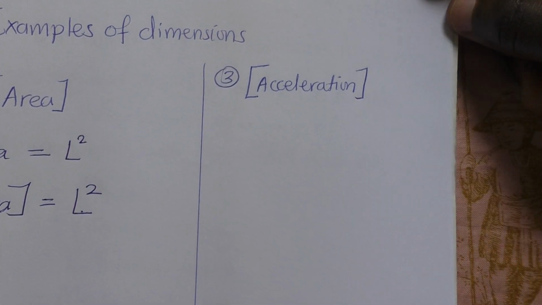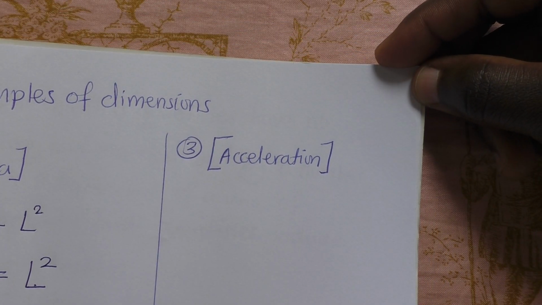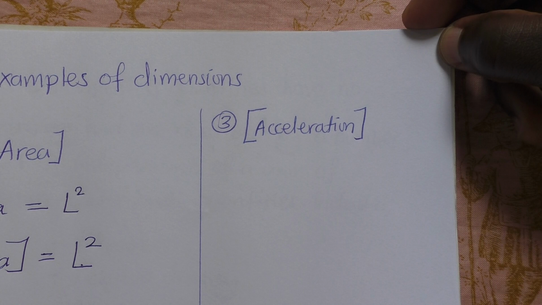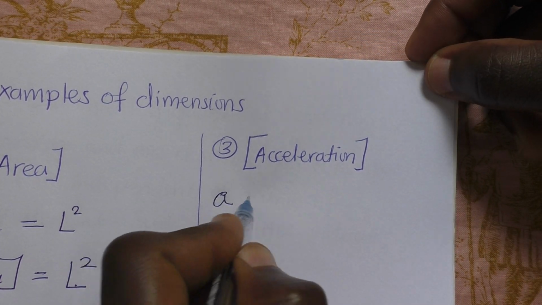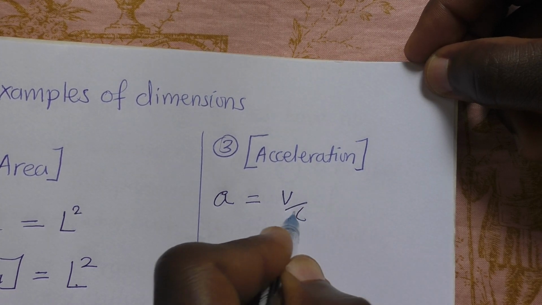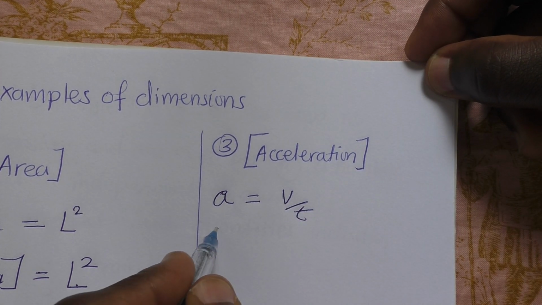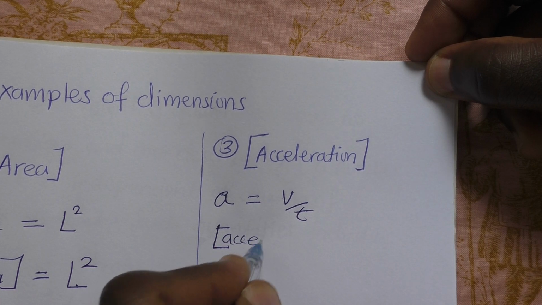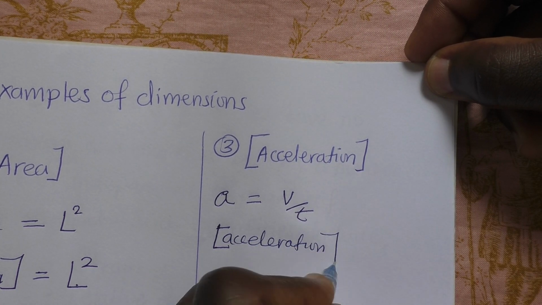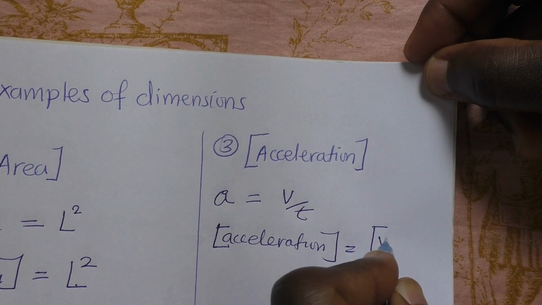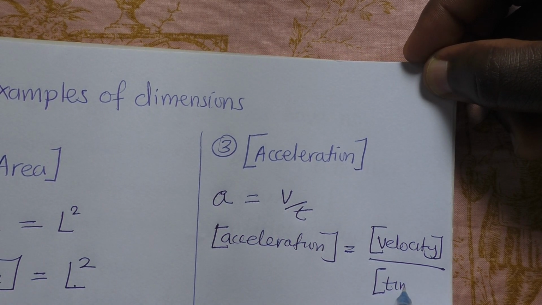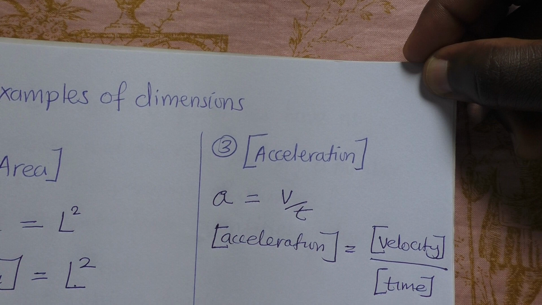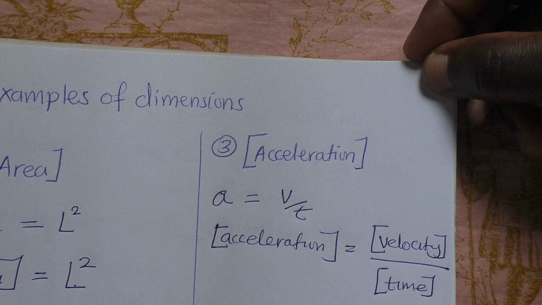In number 3, we are looking at dimensions of acceleration. From the definition of acceleration, which is the rate of change of velocity, we note that acceleration is given by v over time. So if we are to get the dimensions of acceleration, then we must get the dimensions of velocity over dimensions of time. But still, velocity is given by displacement over time.